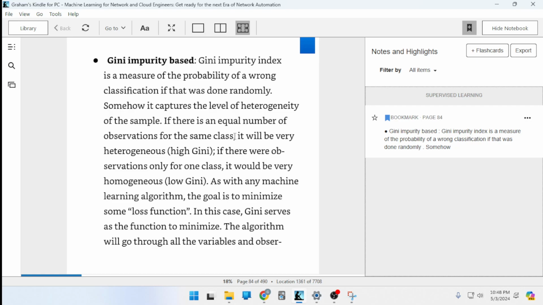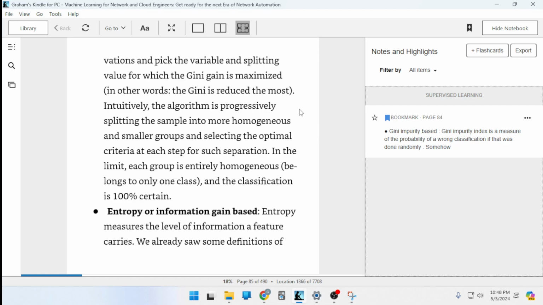As with any machine learning algorithm, the goal is to minimize some loss function. In this case, Gini serves as the function to minimize. The algorithm will go through all the variables and observations and pick the variable and splitting value for which the Gini gain is maximized. In other words, the Gini is reduced the most. Okay.